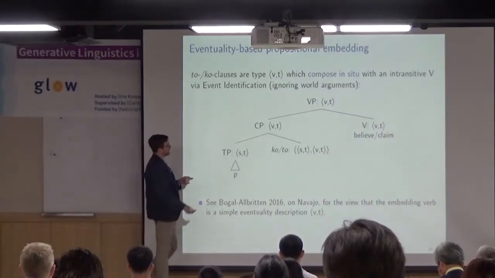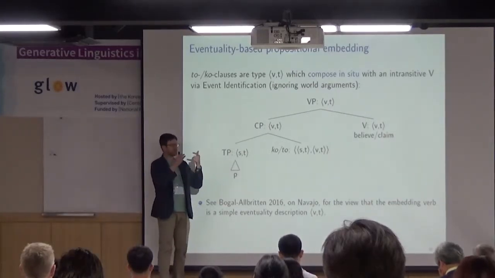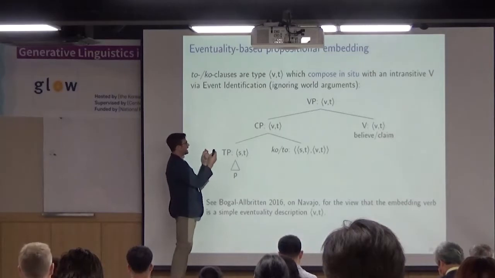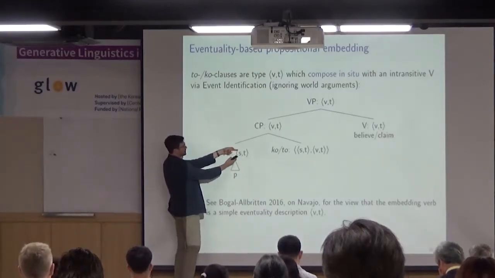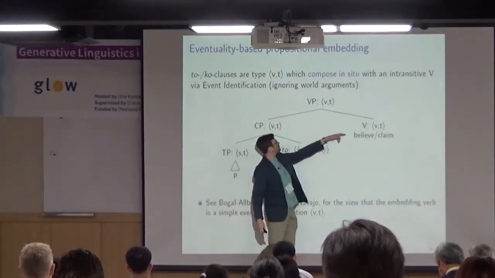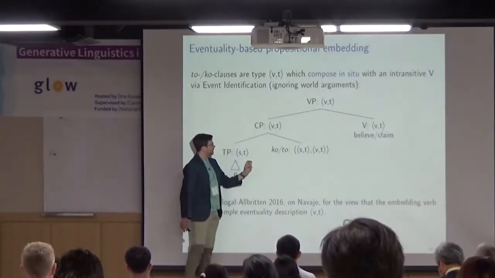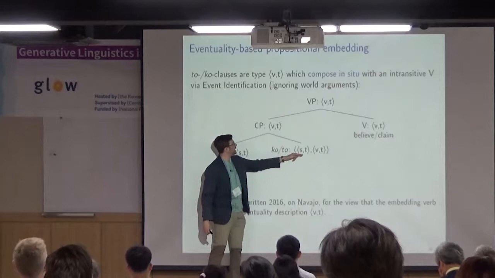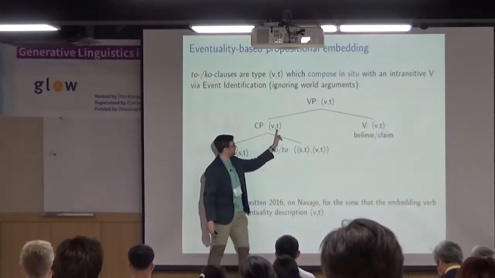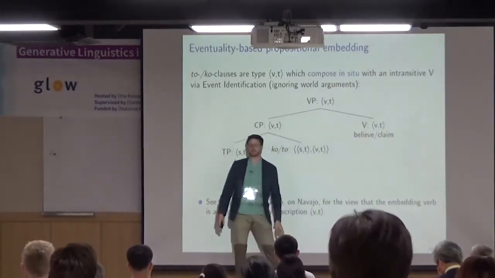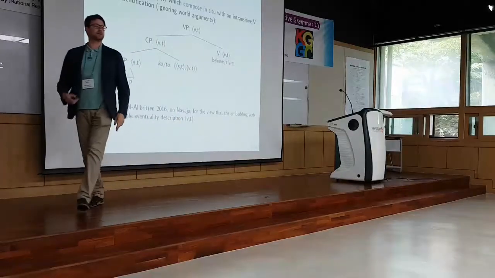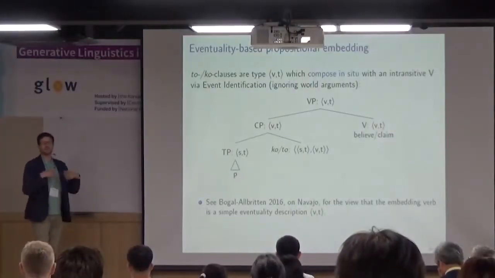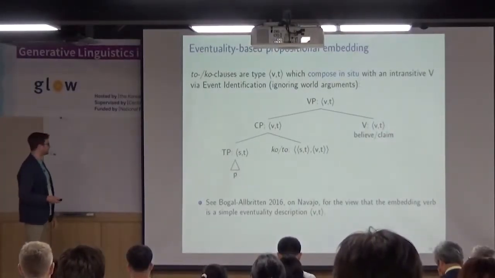Okay, so in a way, calling these saturating is maybe a bit misleading. This proposition integrates into the verbal projection by a little head that combines by event identification, like any other argument that's introduced in the verb phrase. Think little v's and so on.